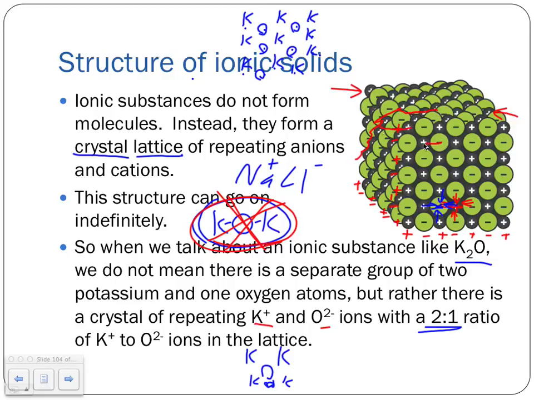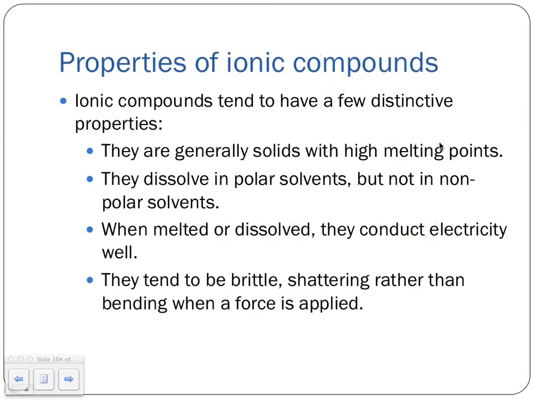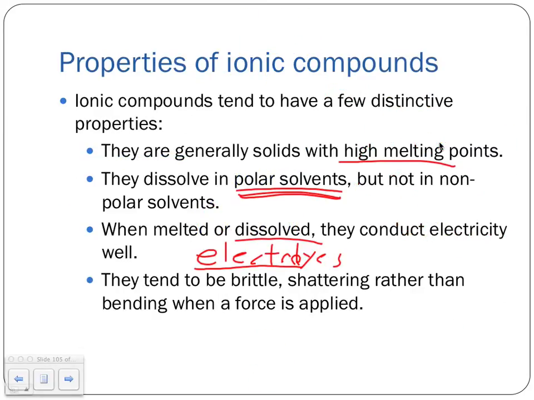This positive would have to slide into this spot right here, that anion would slide in between the other anions. It doesn't want to do that. As soon as you put it in that place, it's going to push away, because negatives are not attracted to other negatives. When it pushes away, it's going to force this substance apart. The term is that it's going to cleave, it's going to split, and it's going to shatter. And so ionic substances tend to be very brittle in solid form. They shatter rather than bending whenever you apply a force.